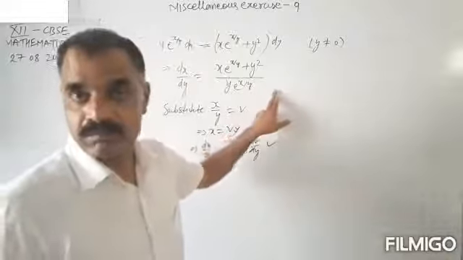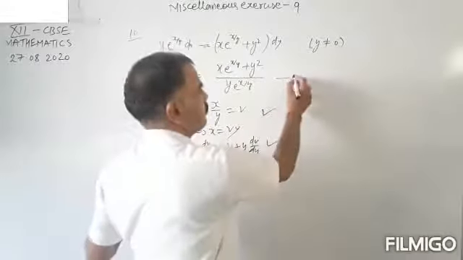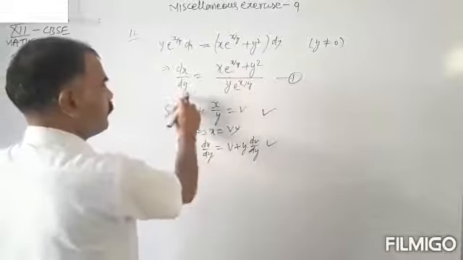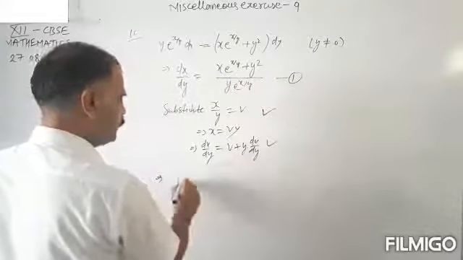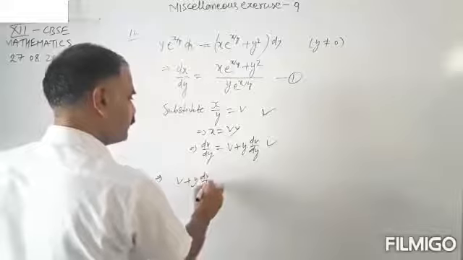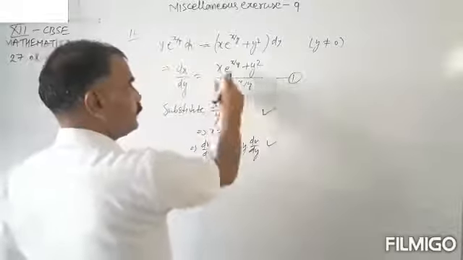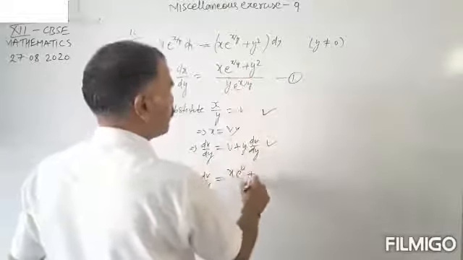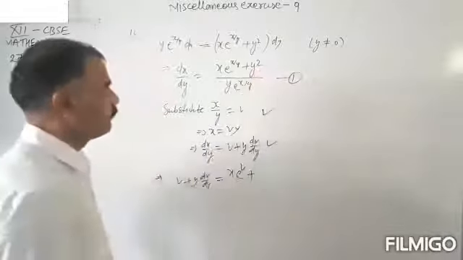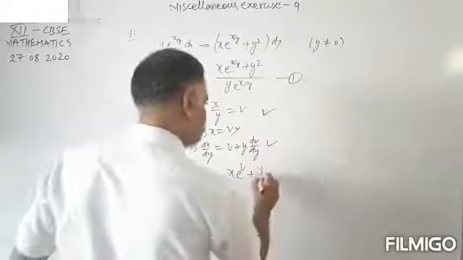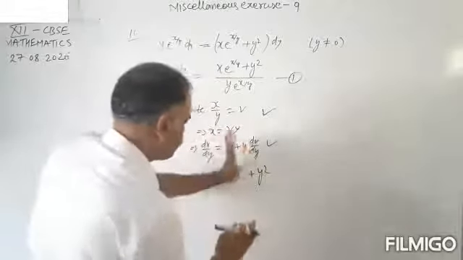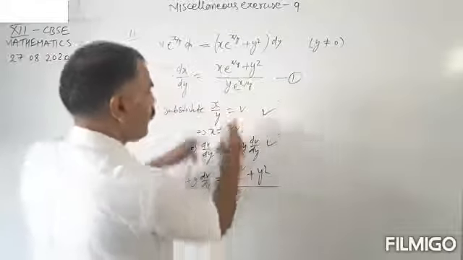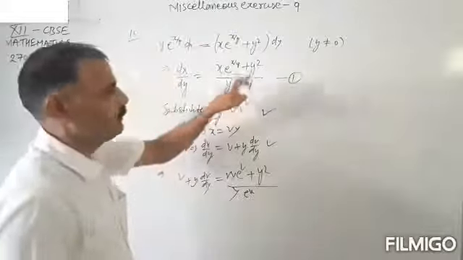Making these two substitutions in equation number 1, we have v plus y dv upon dy is equal to x e to the power x upon y, that is v, plus y square, where x is equal to vy, upon y e to the power v.